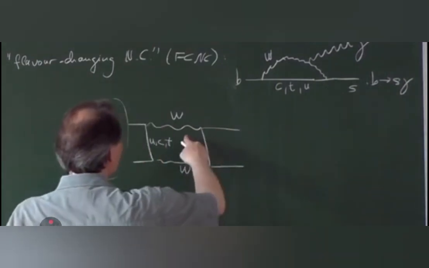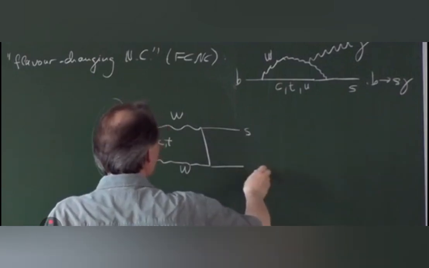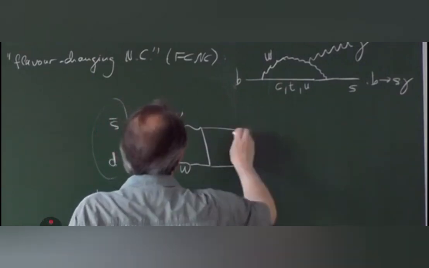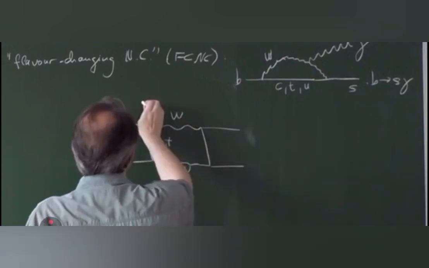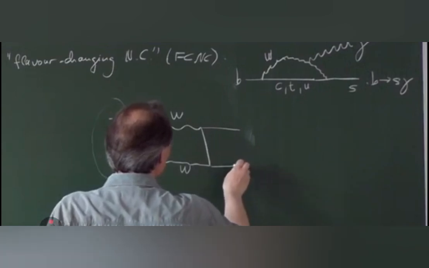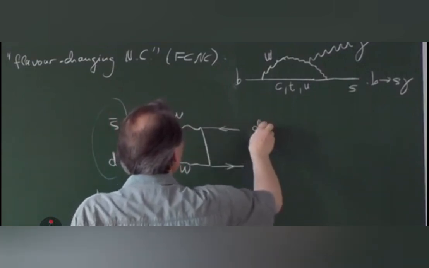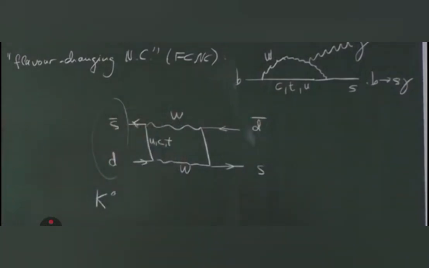And here you might then have in the end a strange quark, or here, let's say the arrow goes like this. Then here the arrow also goes like this, and you could have here a strange quark and here an anti-down quark.